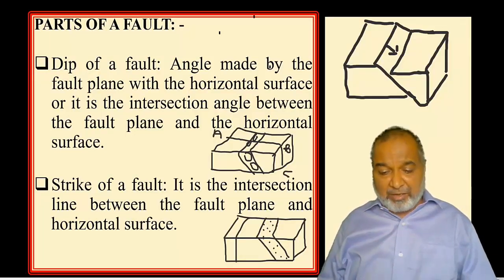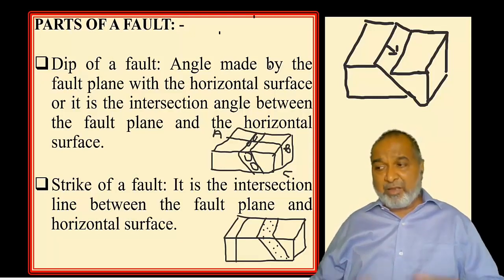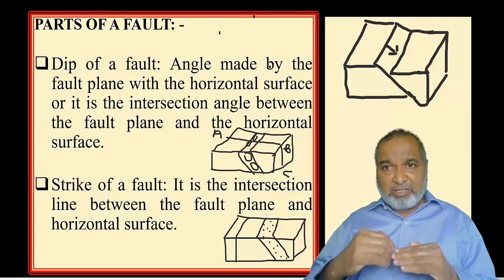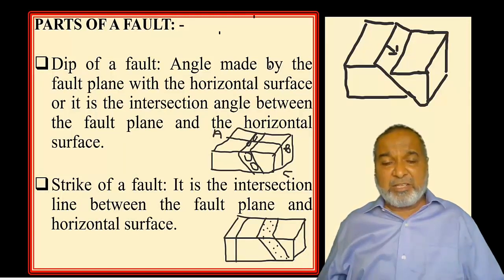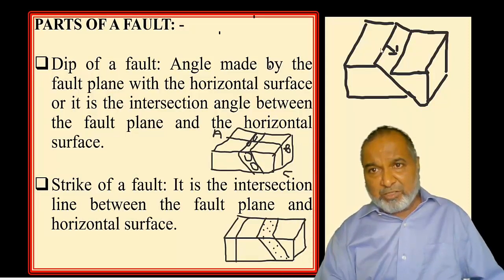The intersection line between the fault plane and the surface. Say the fault has taken place, and along this, on the surface, there is an intersection line. Due to this fault with the horizontal surface, an intersection line has been formed. The bed is there, and here we have the fault.